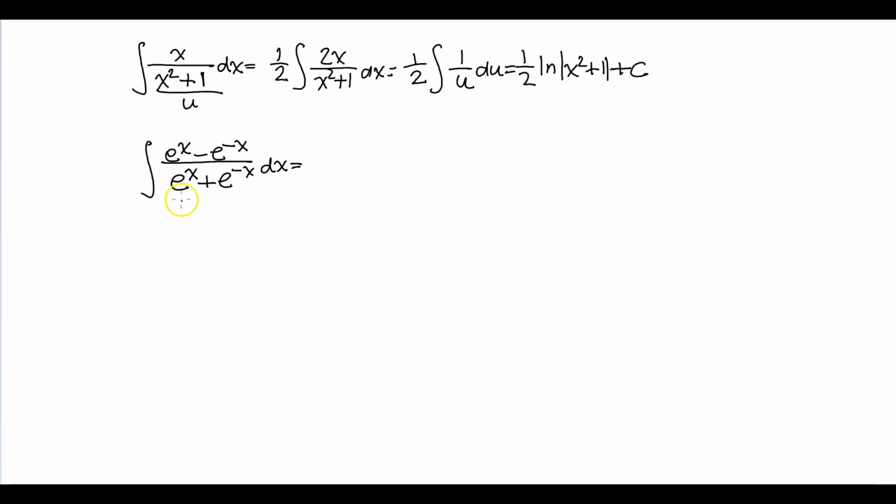If we let the numerator equal u, then du dx is equal to e to the x plus e to the negative x. Or if we let the denominator equal u, we have du dx equals e to the x minus e to the negative x, which we have in the numerator.